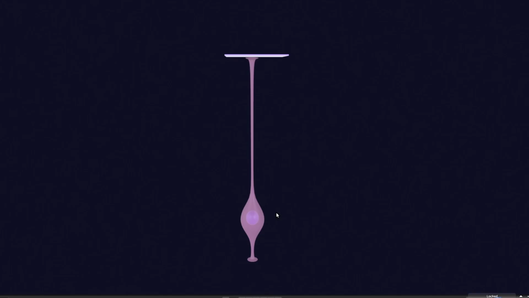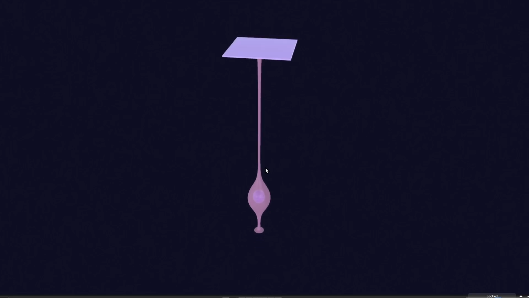Now here I have isolated just a single neuroepithelial cell, out of the many neuroepithelial cells that initially form the neural tube, so that it will become easier for you to understand.